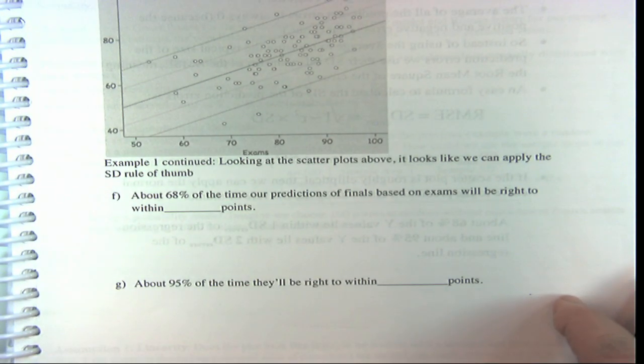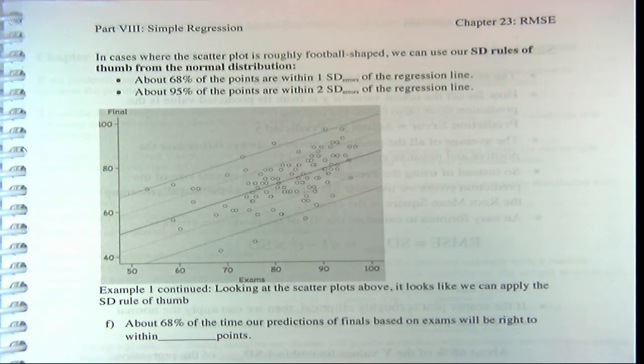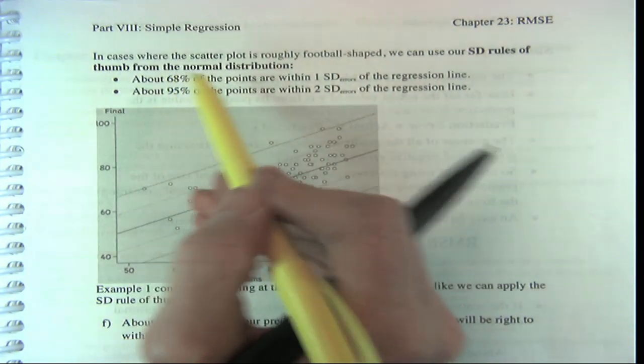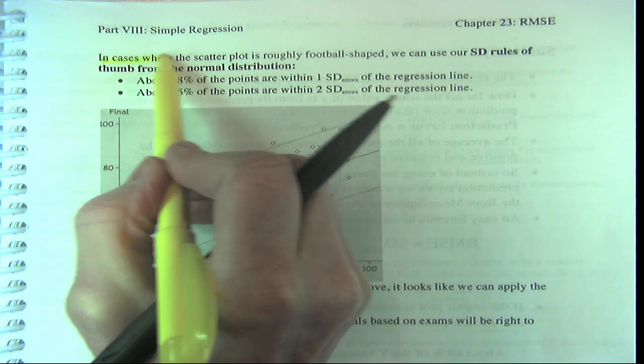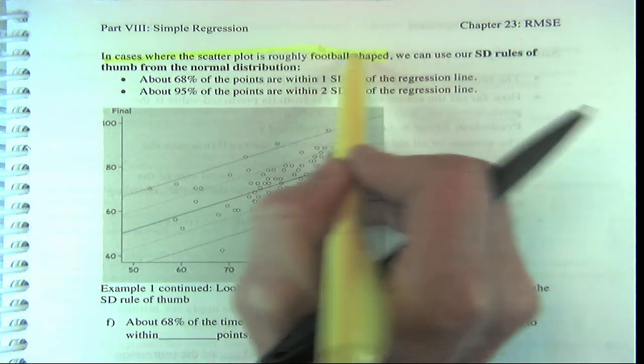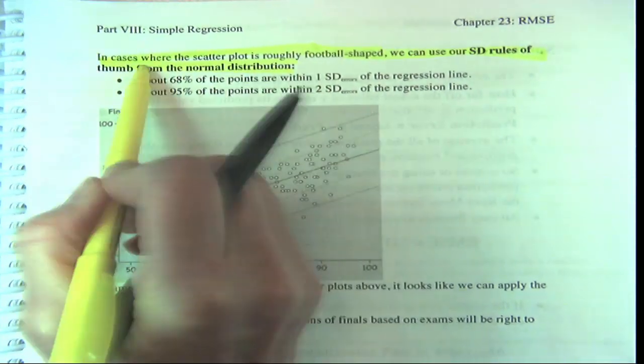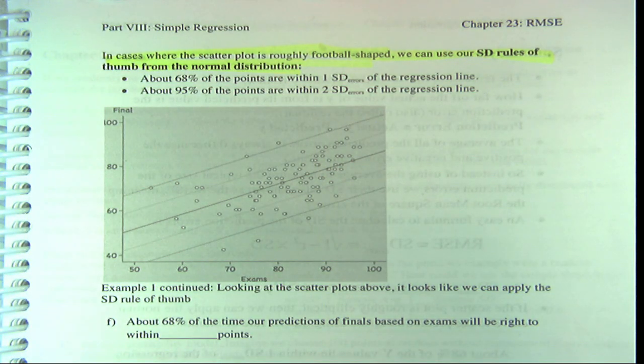So let's move on. Now we're going to use this normal curve again in cases where the scatter plot is roughly elliptical shaped. We can use the normal distribution for any vertical strip.